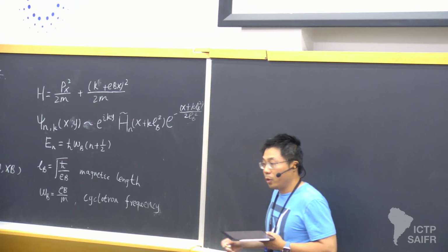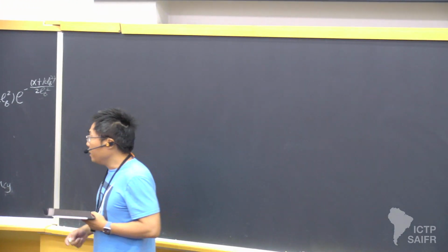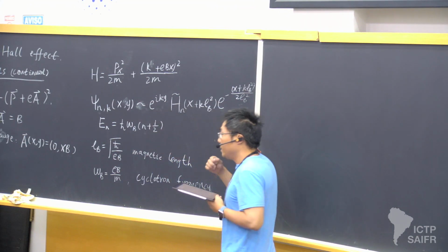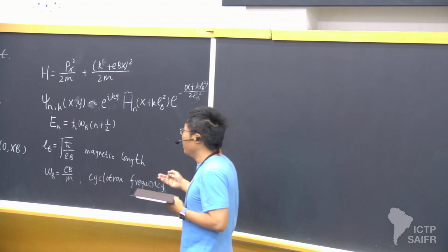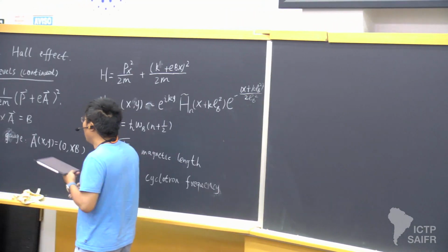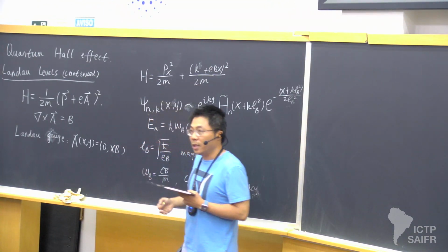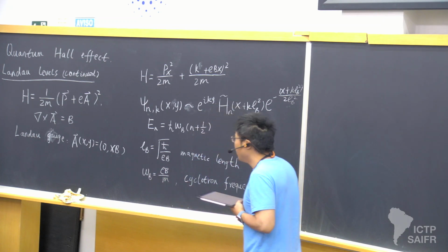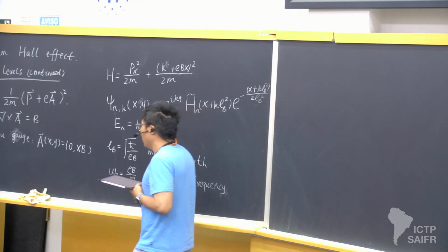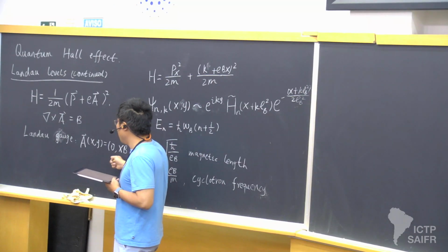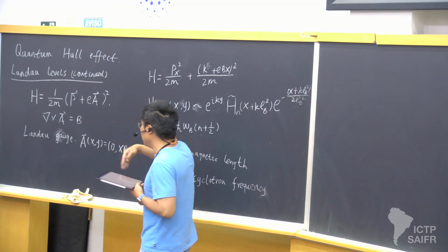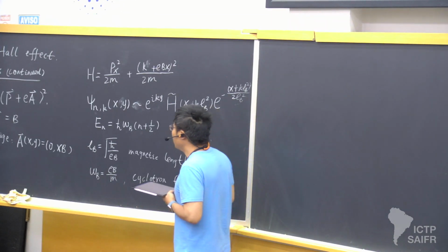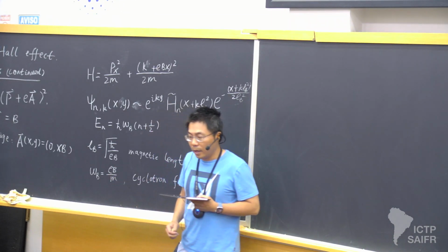Okay, so that's what I talked about regarding Landau levels in the last lecture. And there were a few questions, so you may feel a little bit uncomfortable with this solution. One thing is that it seems my Hamiltonian, my original system, does not really break translation symmetry along the x direction as well as the y direction. But when I choose a gauge, I break the translation along the x direction, and then in the end my wave functions also break translation along the x direction.